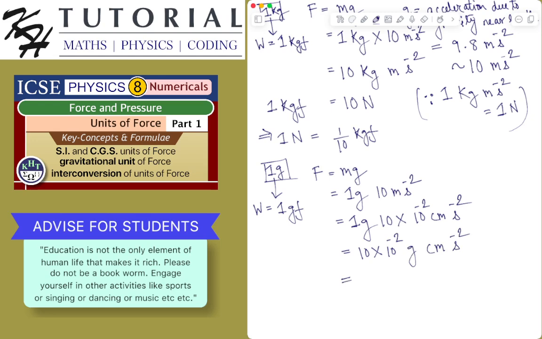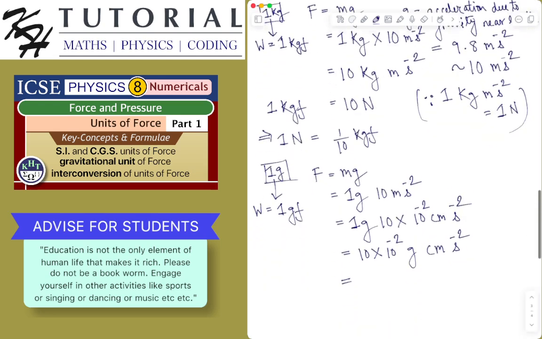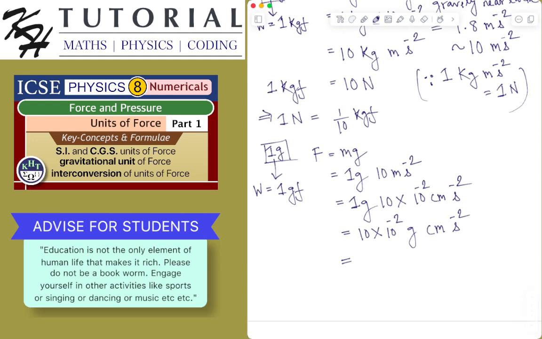This is equal to 10 into 10 to the power minus 2, which is 1 by 10. 1 by 10 gram centimeter per second square, and we know 1 gram centimeter per second square is 1 dyne.